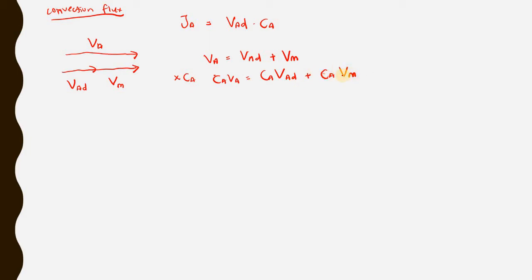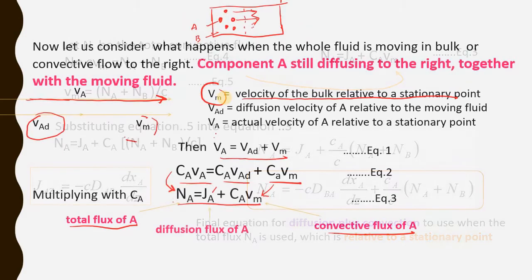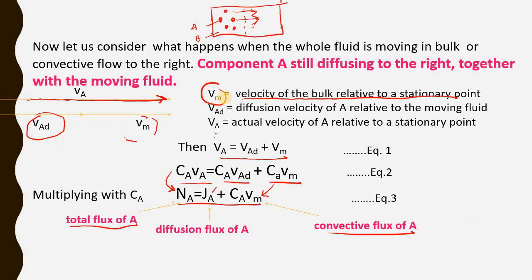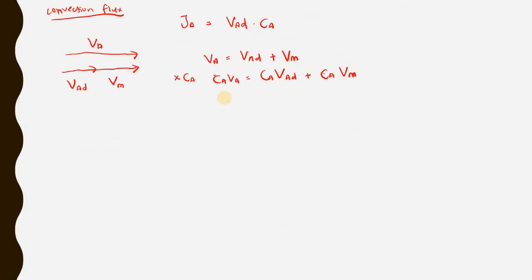Okay, so for CA VA, this is the total flux of A, which is NA, and this is JA, and this will be CA Vm. Let N be the total convective flux.